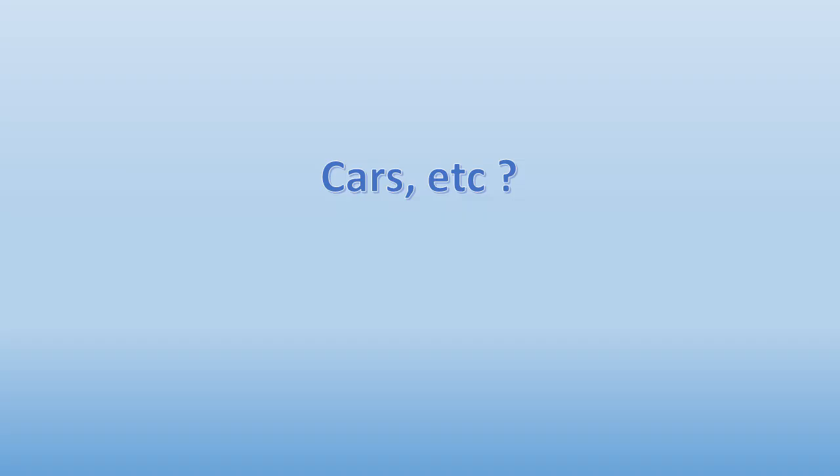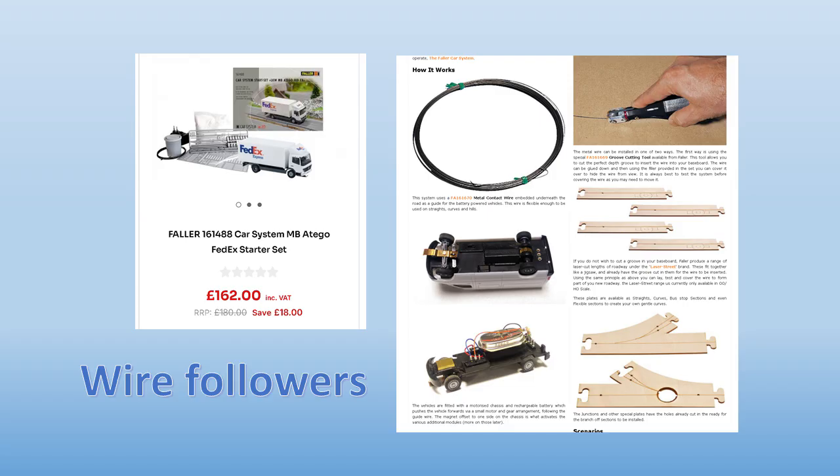You sometimes find layouts that incorporate moving vehicles and bicycles and lorries and so on. And they do help, but they're expensive. Probably the most common system is the Faller system. And even the starter kit, which is pretty limited, is costly.